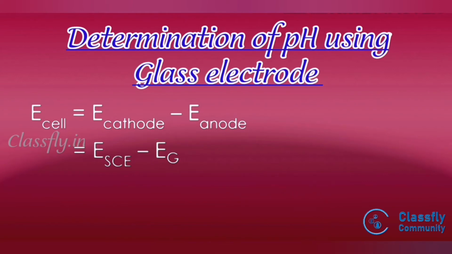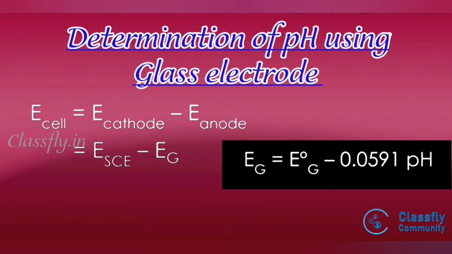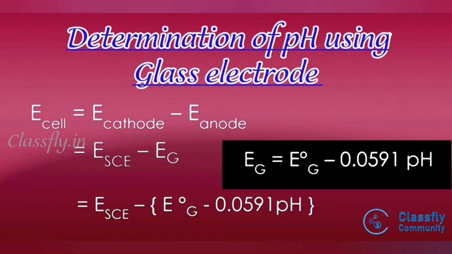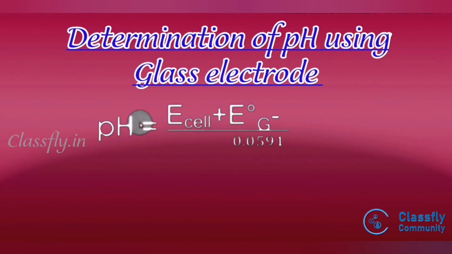Its value is E0G minus 0.0591 pH. Substituting the EG value in the above equation, we get E cell equals ESCE minus (E0G minus 0.0591 pH). Here ESCE and E0G are constants, so it can be written that pH equals (E cell plus E0G minus ESCE) by 0.0591.